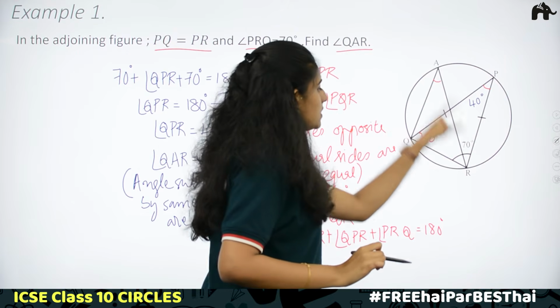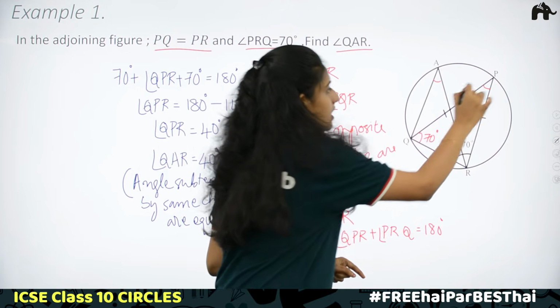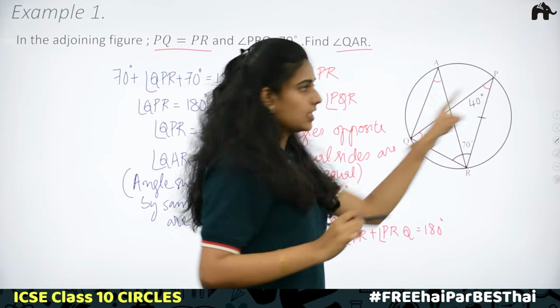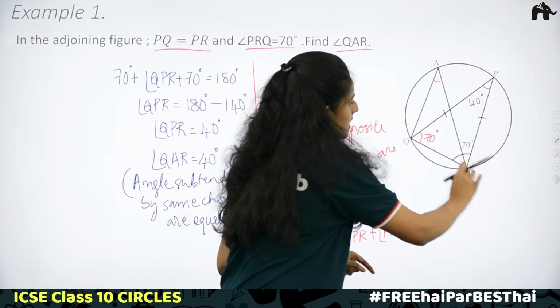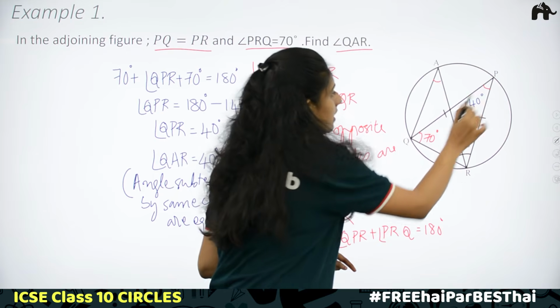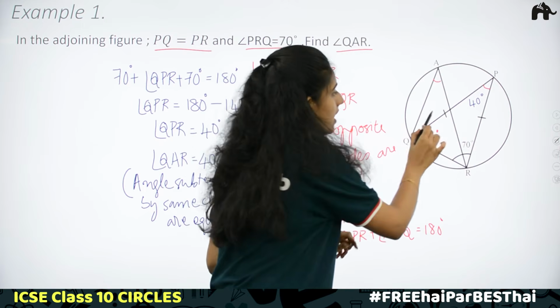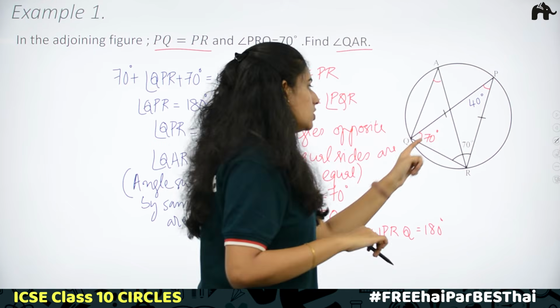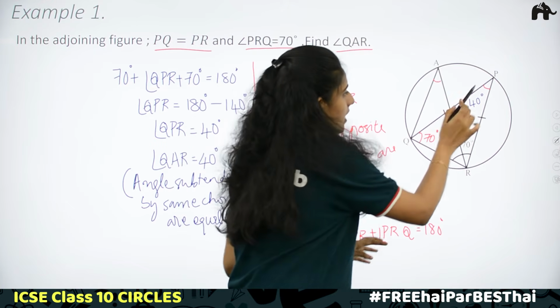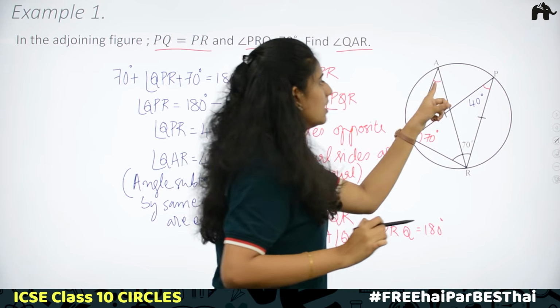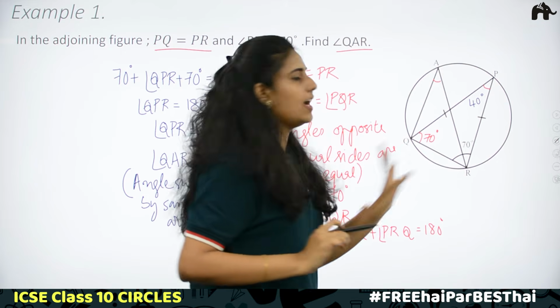The angles are subtended by the same chord QR. Then we'll try to find this value. To find this value, we'll be considering this triangle. Then, in this triangle, we needed to find this angle. To find this angle, we had equal sides. Angles opposite to equal sides are equal. With this idea, we have determined this angle from which we could determine the value of QAR.